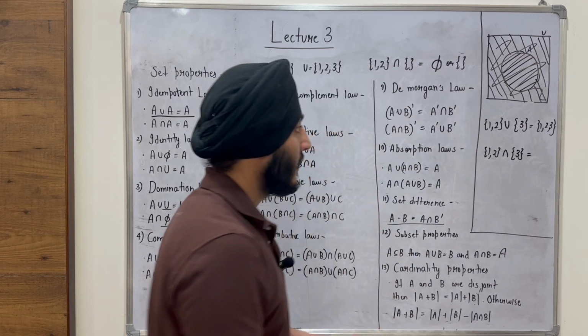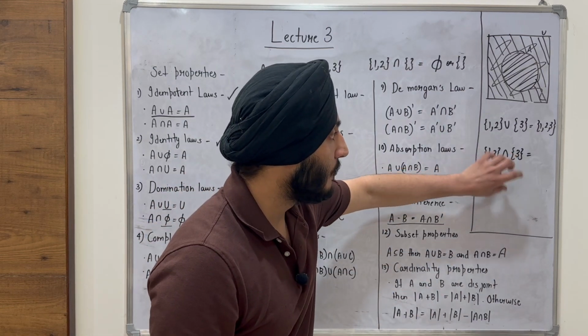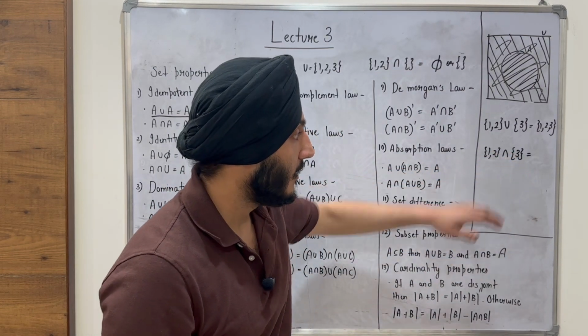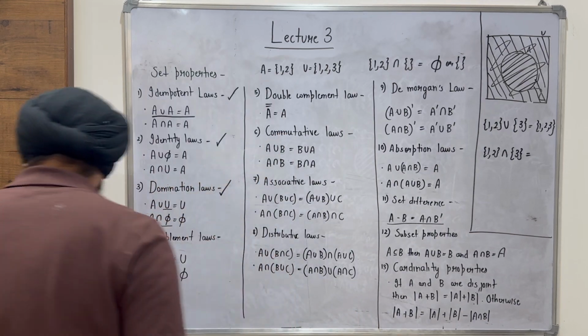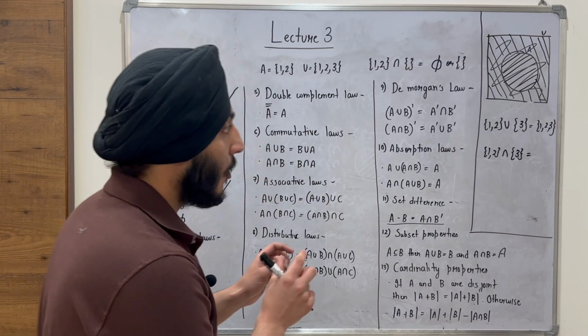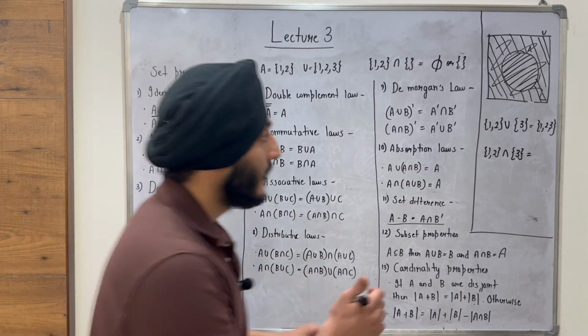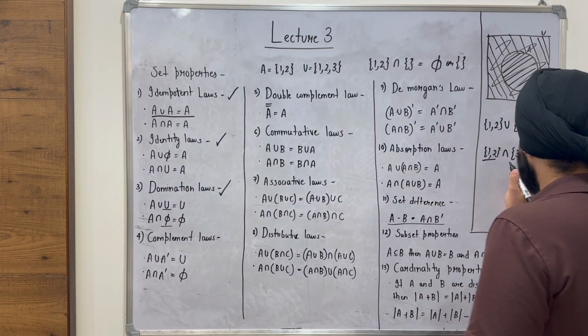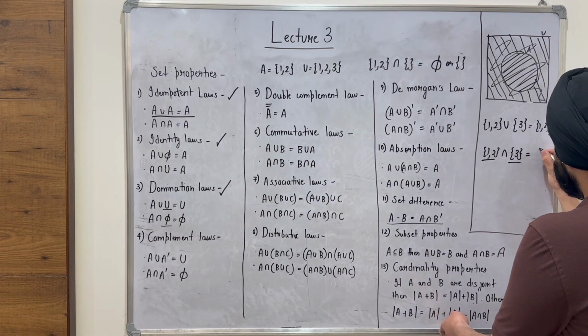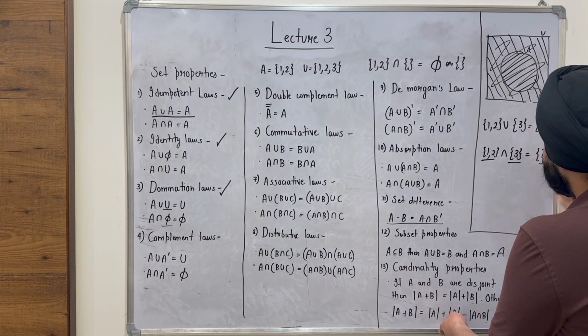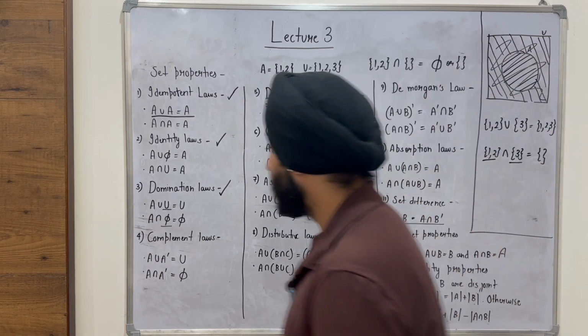Now think about it. What is common between both of these sets? Nothing. In intersection, we are supposed to find the elements which are common in both the sets. Since there's nothing common in both of them, this is going to result in the empty set. I hope that makes sense.